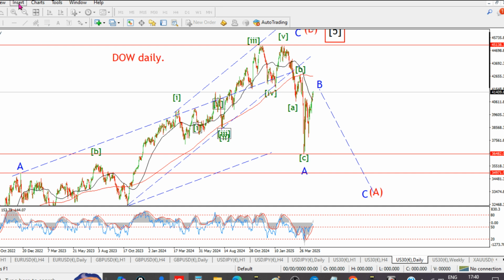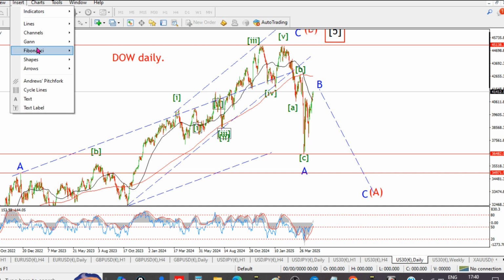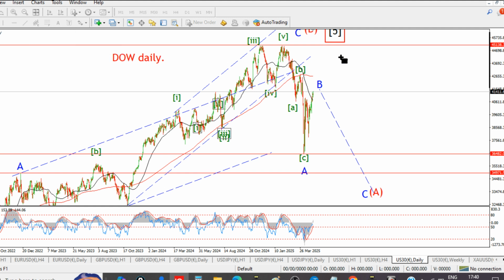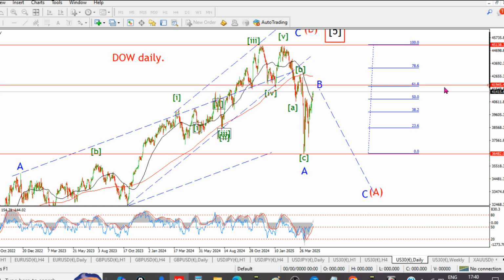Let's get a Fibonacci grid on that. Insert Fibonacci retracements. Okay, so 100% retracement. We've got coming up to the 62% retracement of the initial decline. So we're in the area of where we should start seeing some reaction.